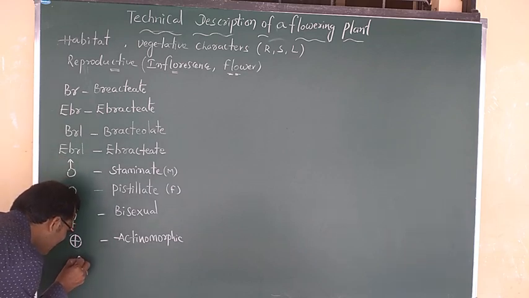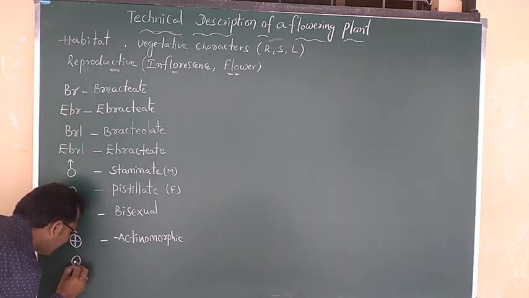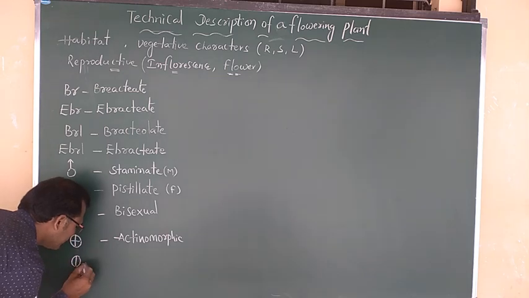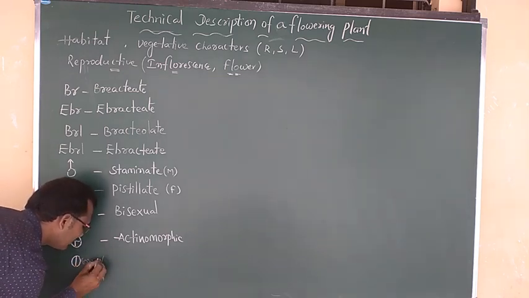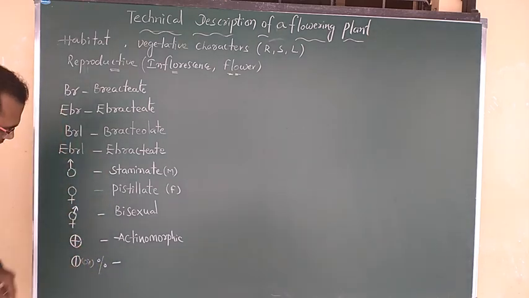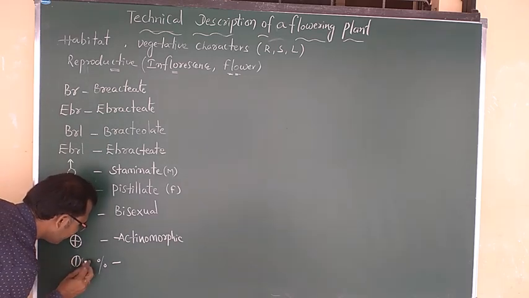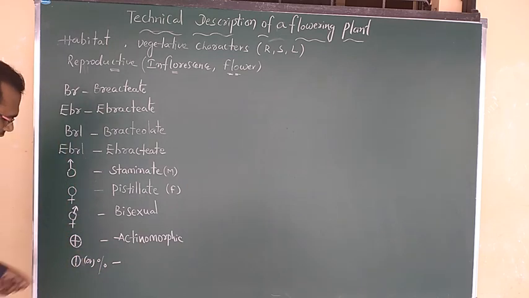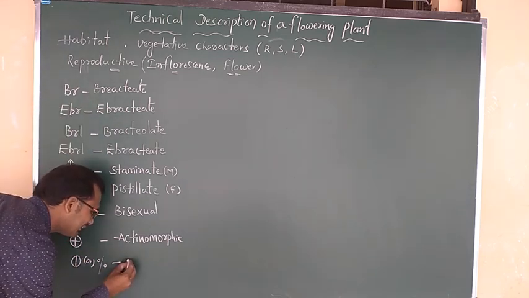If this symbol is there, maybe like this, or a percentage type like this is there, what do you call this symmetry? Or maybe this symbol or this symbol we are using. What do you call this symmetry?